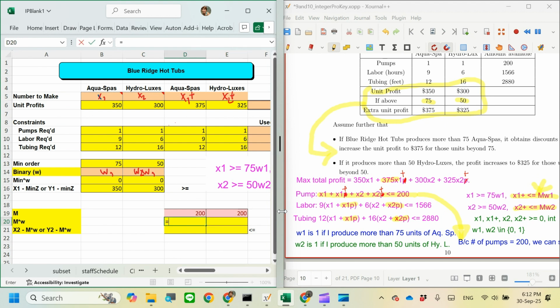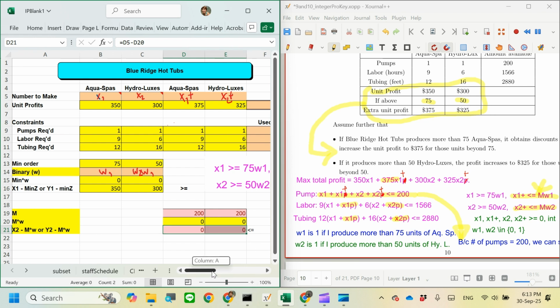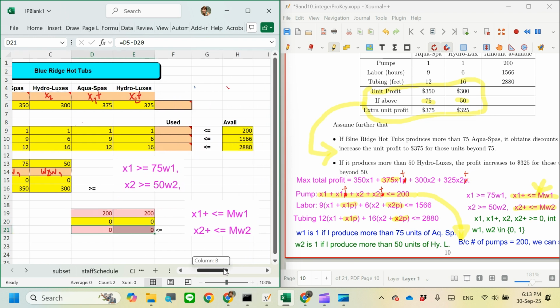So M times W1, and then we can just copy. I think it automatically multiplies by W2. Okay, and then X minus this.